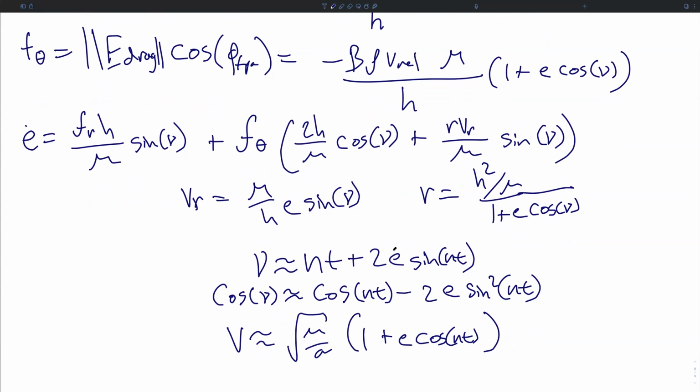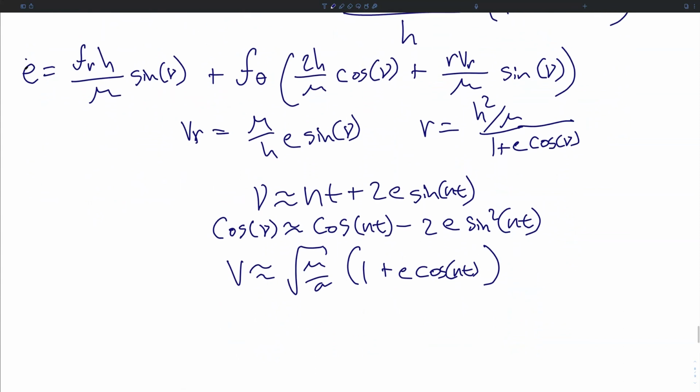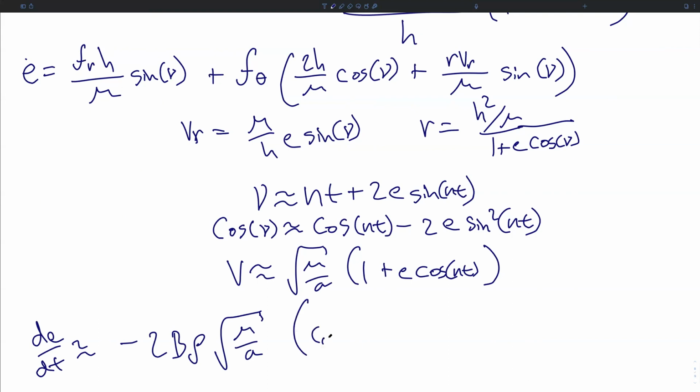We take all this, we put it back into our e dot expression, and we approximate de/dt is negative 2b rho square root of mu over a times the quantity cosine of nt minus the eccentricity plus 3 times e cosine squared of nt.